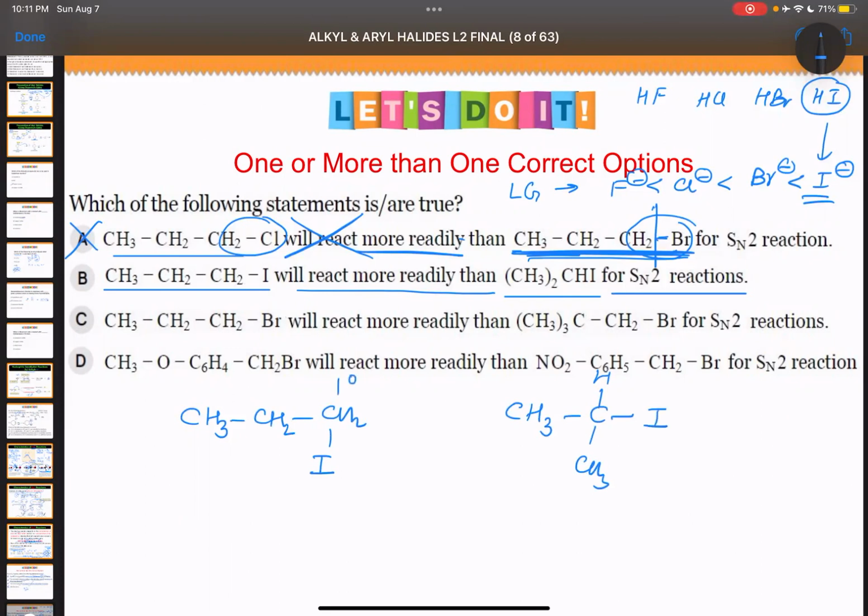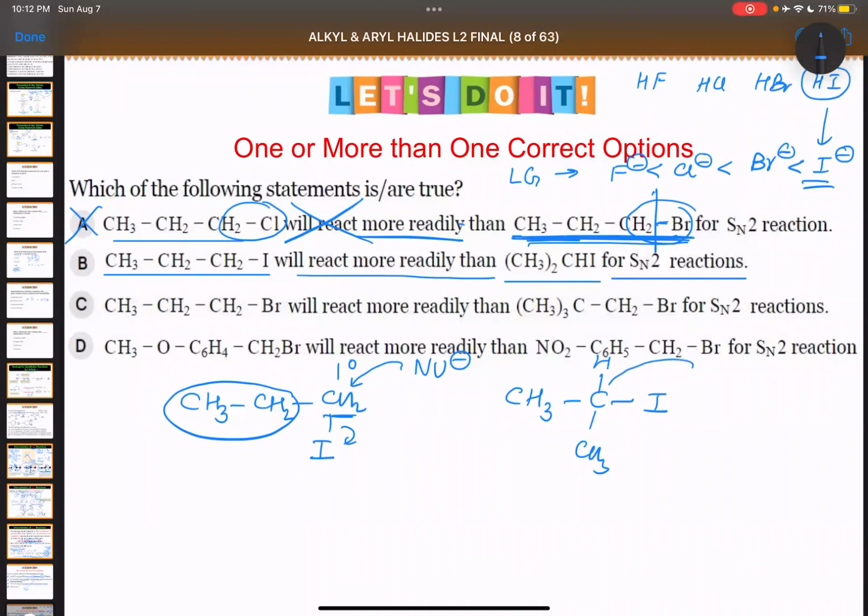This is a primary halide, and the nucleophile attacking at this carbon finds only one alkyl group and two hydrogens. Hydrogens are very small and they will pose no steric hindrance, or very little steric hindrance, towards the incoming group.